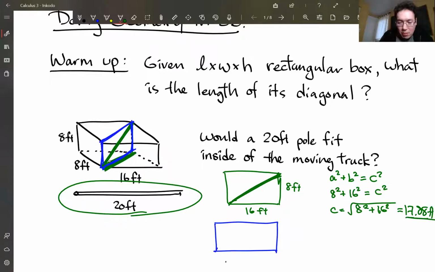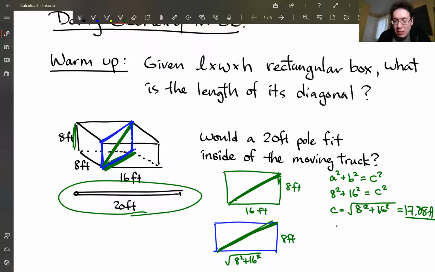Or maybe I'll write the exact length there. So that's now the length of the new rectangle. And then the height of this container is also 8 feet. And now the diagonal of this new blue rectangle is the longest piece of pole that you could fit inside of this truck. So let's see if that will do it.